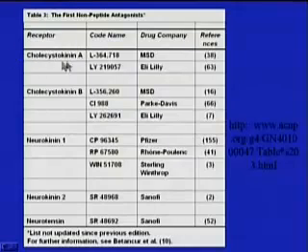So for cholecystokinin A receptor, the code name is L364718 by MSD. I don't recognize this company's name. Eli Lilly, I certainly recognize. The LY will always tell you that it's an Eli Lilly compound, 219057.